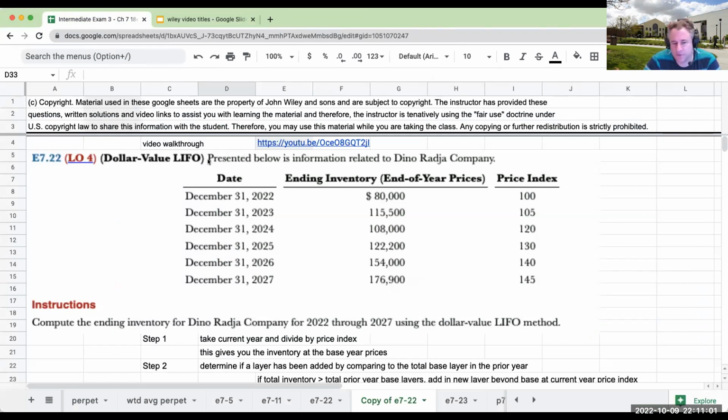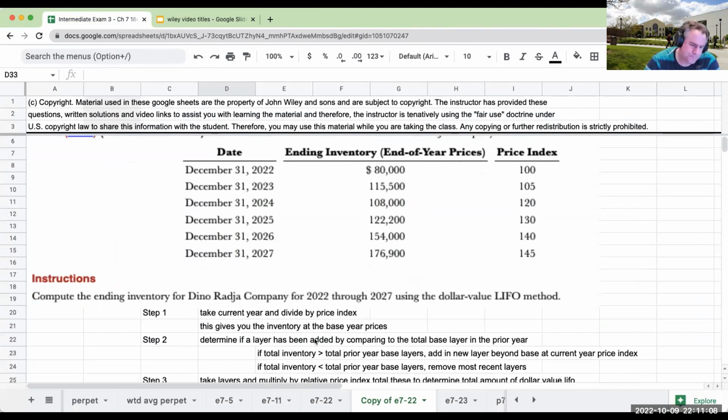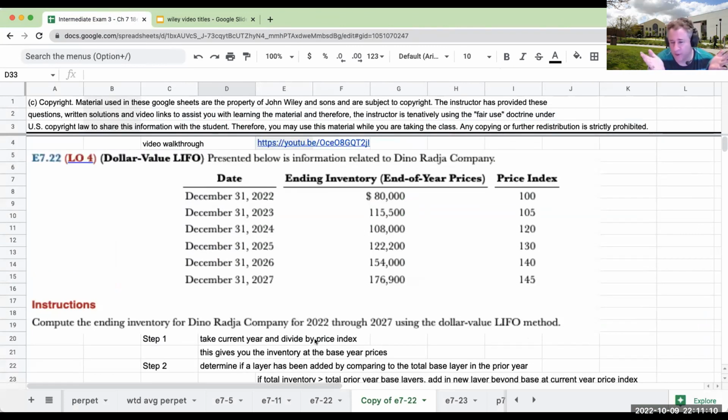So here we've got dollar value LIFO presented as the information related to Dino Raja Company. And really what we're trying to do here with dollar value LIFO is, we're in a period of inflation, right? So the value of our inventory may be going up.